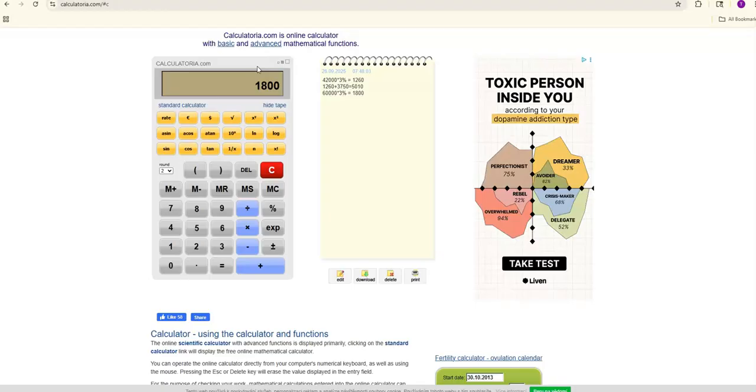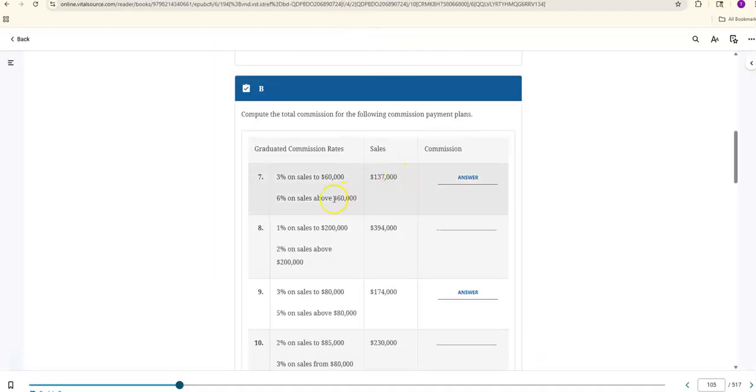Now keep in mind that they did have total sales of $137,000. So I'm going to take that $137,000 in sales, and then I'm going to subtract the $60,000 that we've already calculated the commission for. This gives me $77,000. $77,000 is everything they sold above $60,000 here.